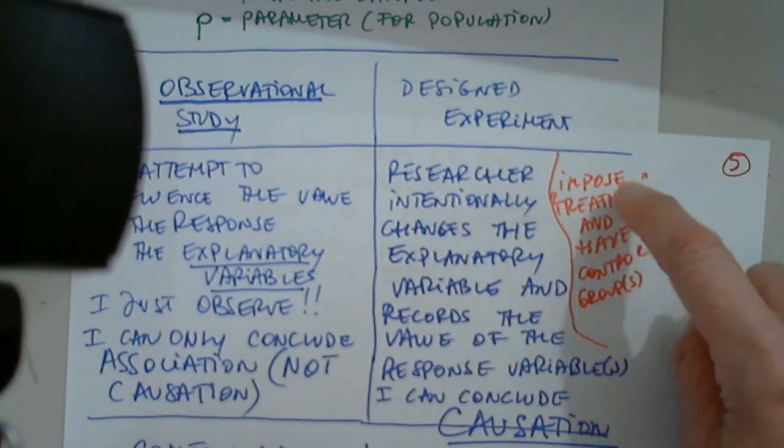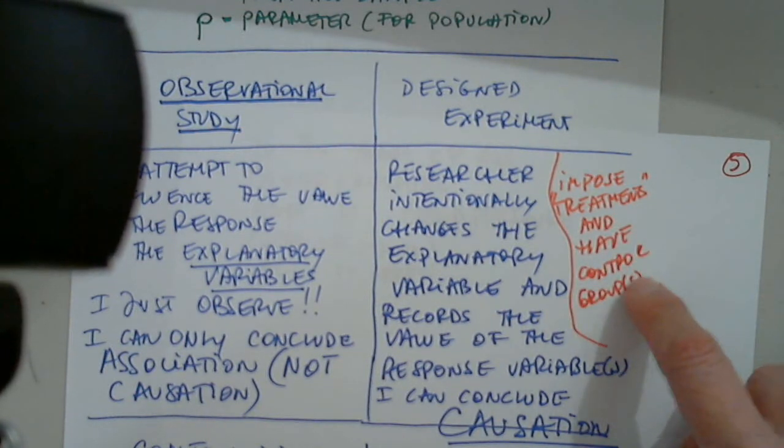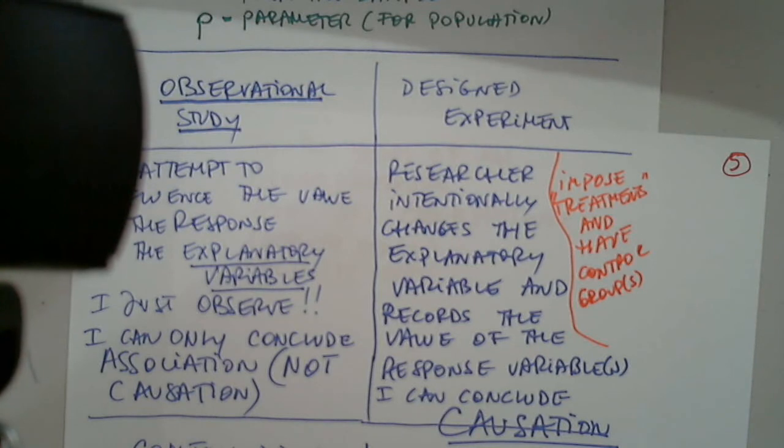The researchers impose treatments and have control groups. Okay, I'm sharing again. So yes, and controls and then observe characteristics and take measurements. Yes, that is the key. Impose treatments and have controls in a designed experiment. Good.